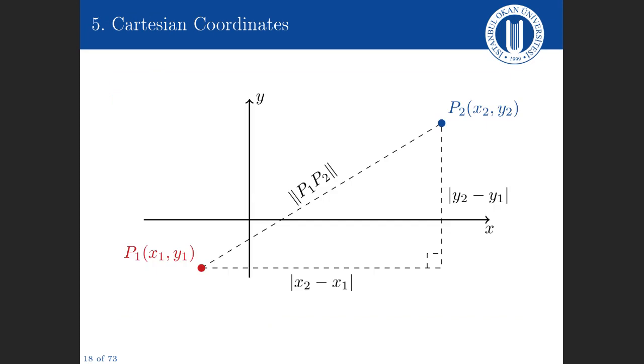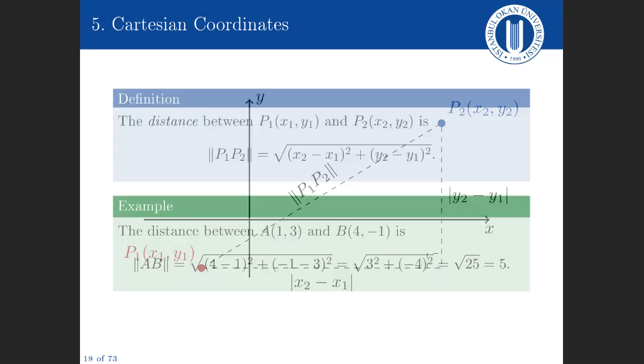We can measure or we can calculate the distance between 2 points using Pythagoras. Look at this triangle. The base of the triangle is the difference between x2 and x1. The height of the triangle is the difference between y2 and y1. So the length of this hypotenuse, which I'm writing as double line P1, P2 double line, we can calculate as the square root of the base squared plus the height squared.